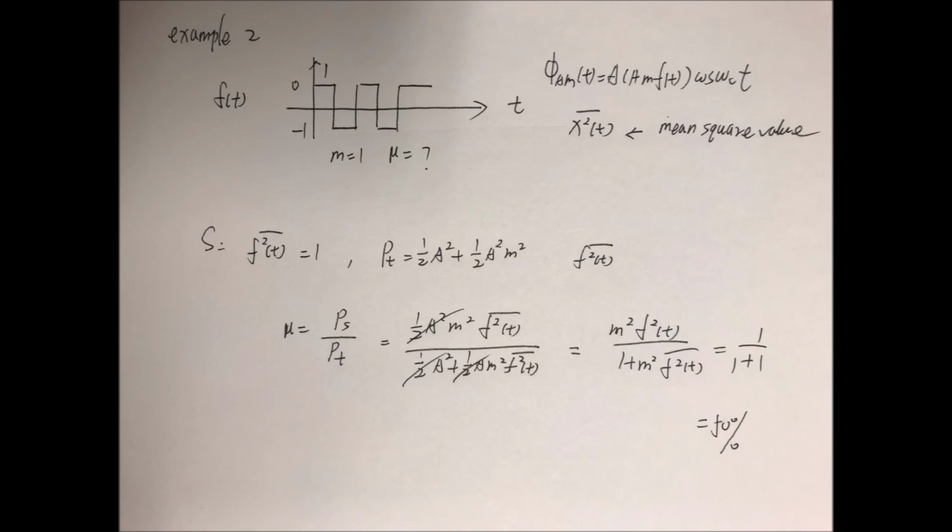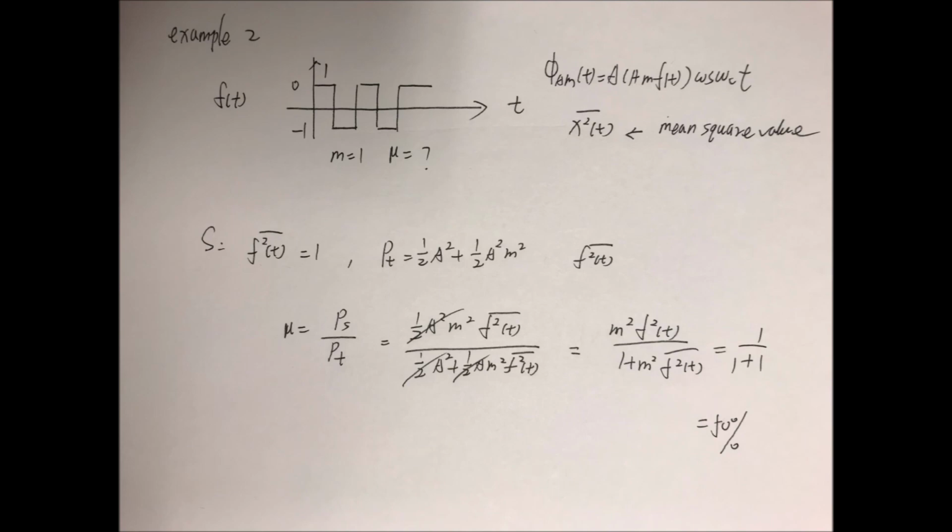This is a general case, no sinusoid anymore. A 1 plus m f(t) cosine omega c t. So the total power will be half a square for the pure carrier and half a square m square times your signal power. This is my total power for a more general case.